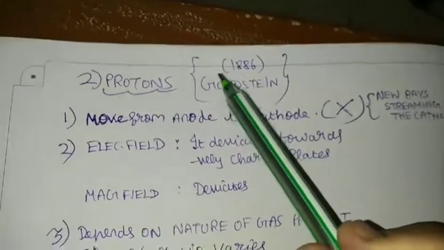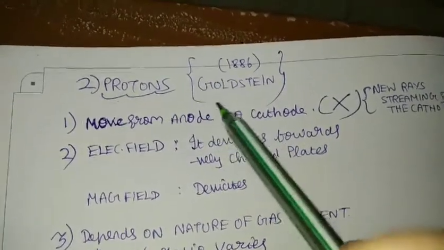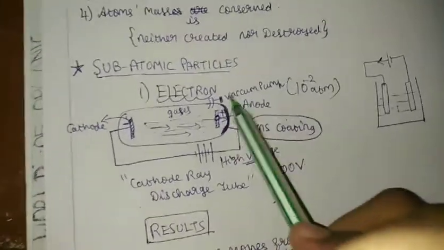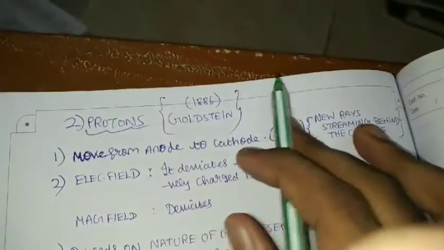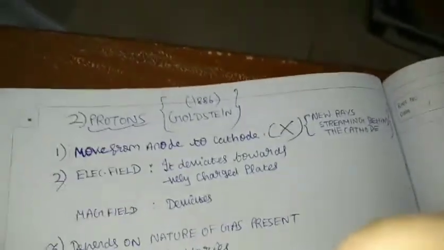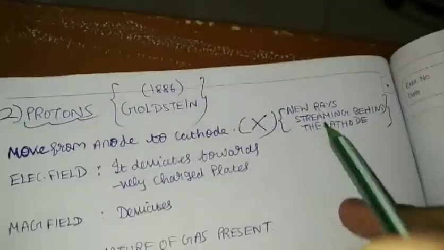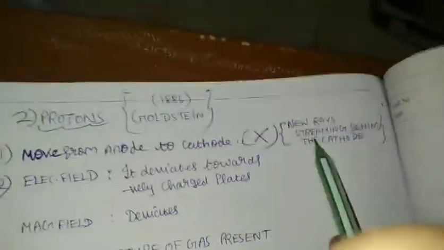So we'll basically think like the cathode rays originated from cathode to anode, right? Here we would think it will go from anode to cathode, but that's wrong. Its origin is not from anode. It actually was like a new ray streaming behind the cathode.